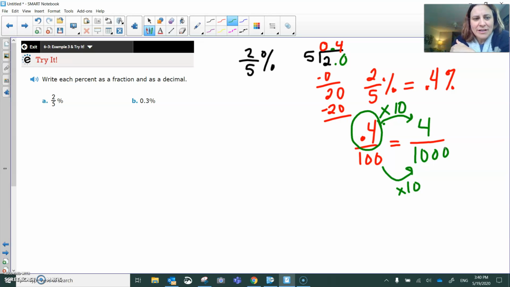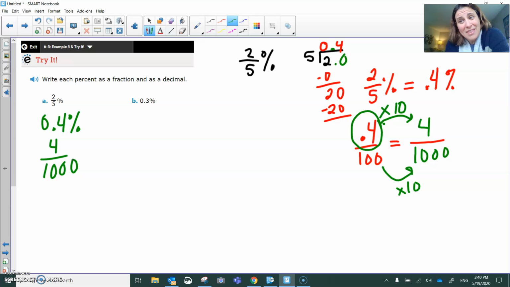So 2/5% could be rewritten as 0.4%, which could be rewritten as 4/1000ths, which, I mean, 4 and 1,000 are both divisible by 2. 4 divided by 2 is 2. 1,000 divided by 2 is 500.